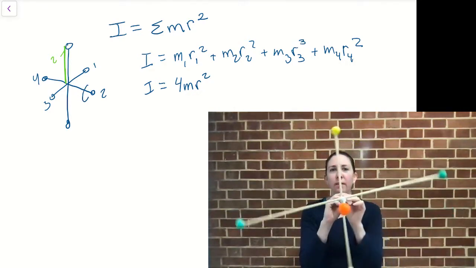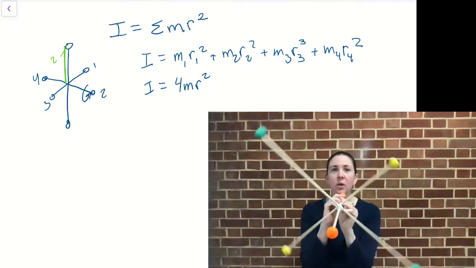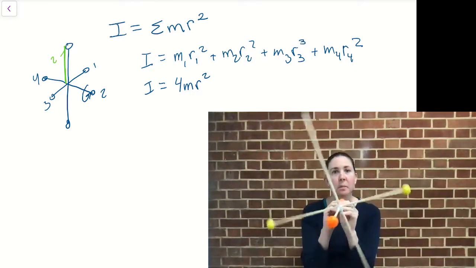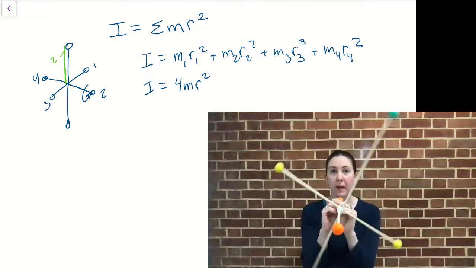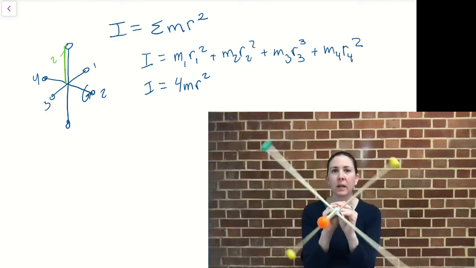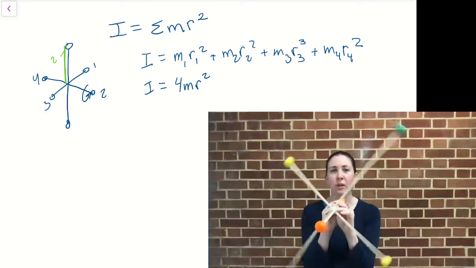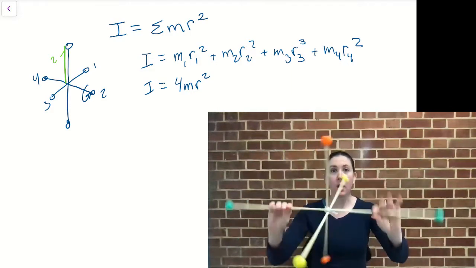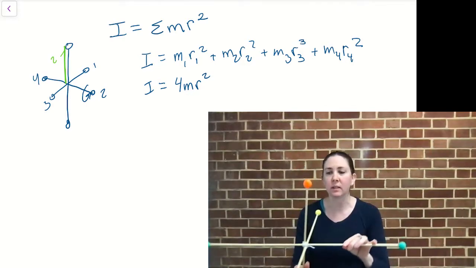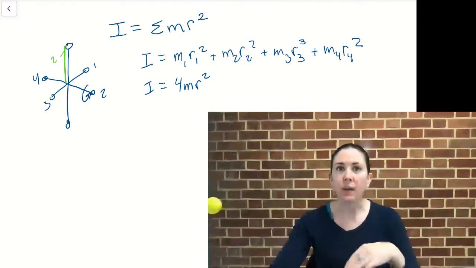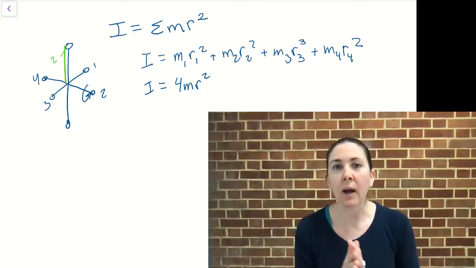And so if I'm rotating it like this, we can again take the sum of our masses times the radii squared to find the rotational inertia of this same object about a different axis. You can do that at home if you want to.